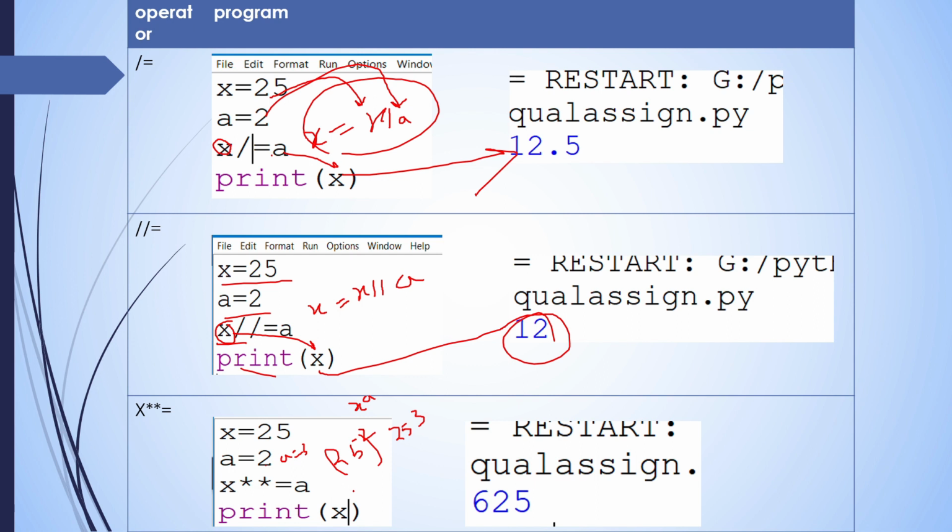Here the expression is like this: x equals to x double star a. Here a is the power and x is the value. Then print x gives 625, which is 25 to the power 2, 625.